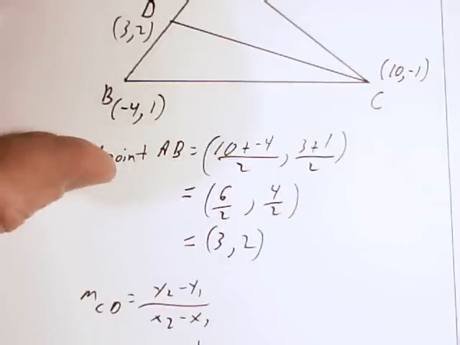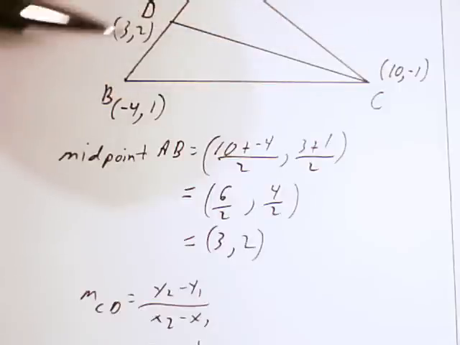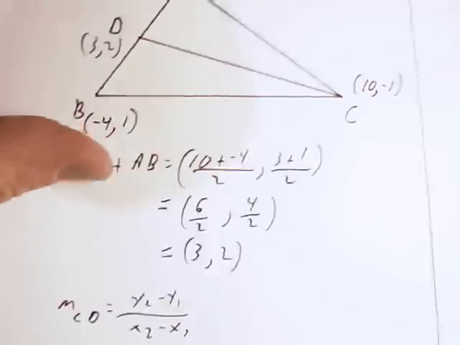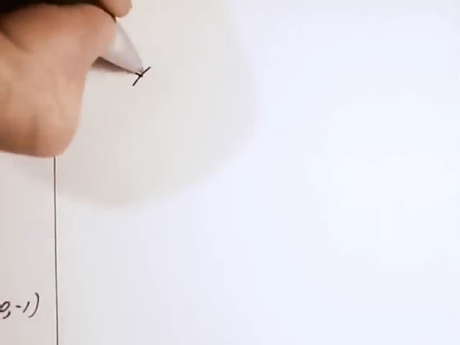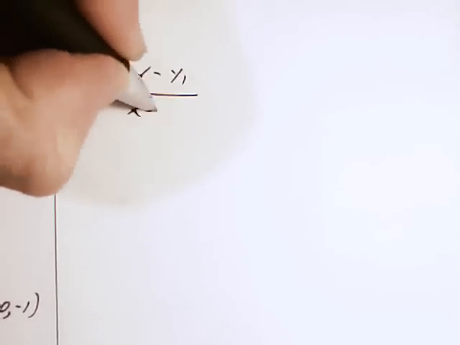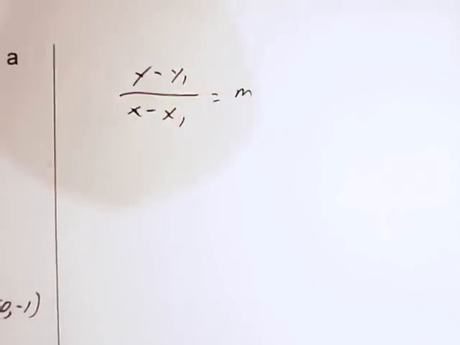Now I'm going to take that slope and either this point or this point and use my standard form of a line equation to get the equation of the median. So I'm going to use y minus y1 over x minus x1 equals m. Now I'll substitute in.